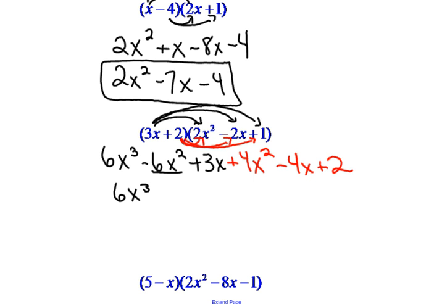We have negative 6x squared and positive 4x squared. That's minus 2x squared. 3x and minus 4x is negative x. There's nothing to add to our 2, so we just stick it on the end. You want to double check these and make sure your exponents are going in descending order from highest to lowest. We have x cubed, x squared, x, and then nothing, so that's perfect.